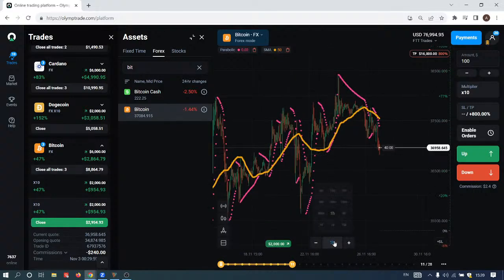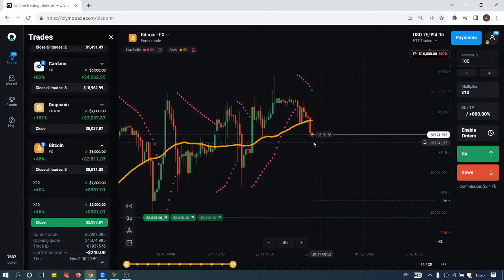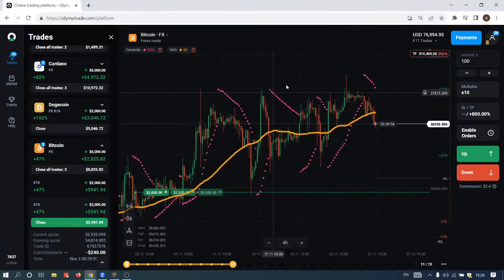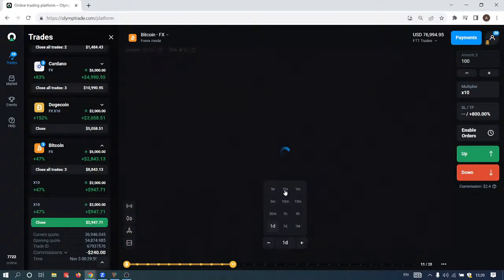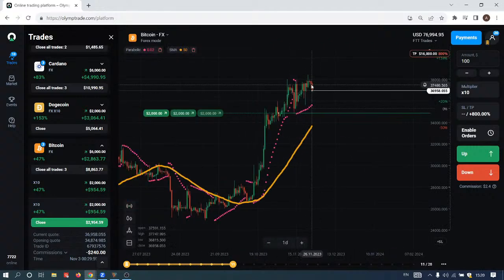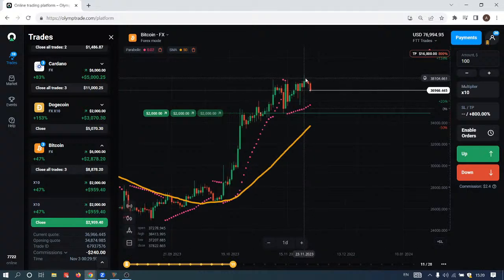So this asset now, as you can see, we are kind of stuck in front of 38,000. It feels like a breakout is about to happen. We saw this false breakout above 38,000, so the price was reaching for 38.5.